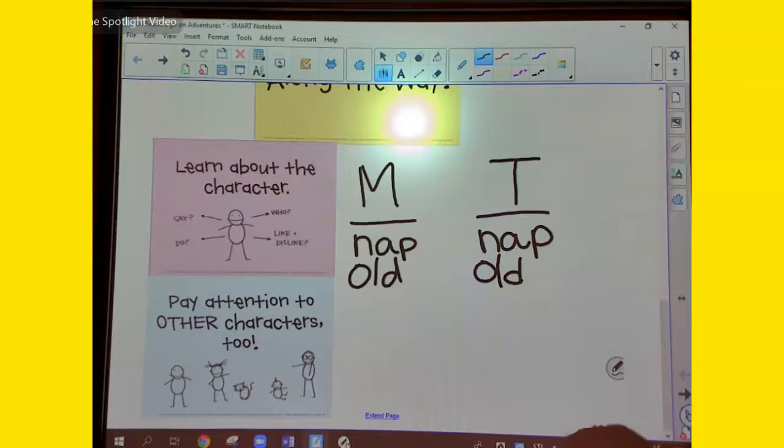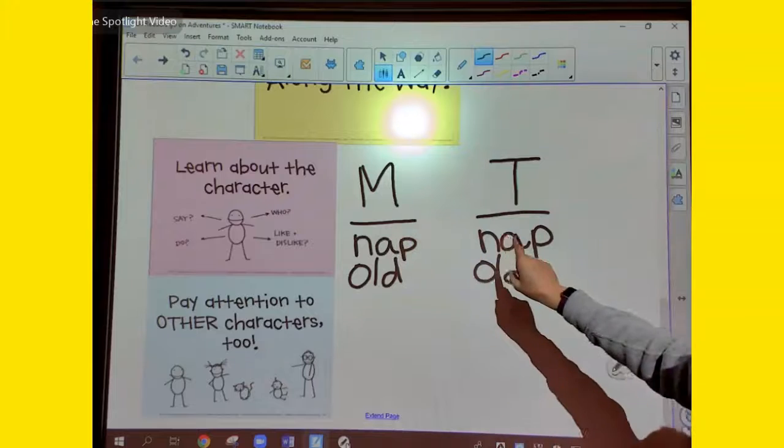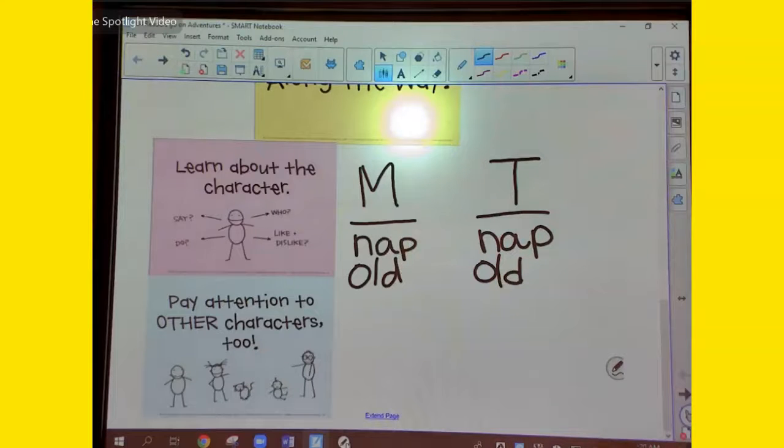Liam, can I have you tell me something about one of these characters? Think about maybe things they like or dislike or say. You like playing baseball. They like playing baseball.